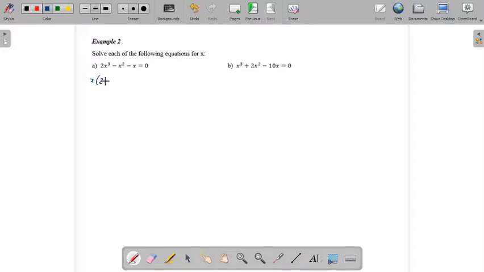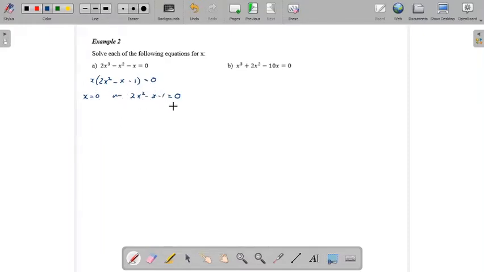That leaves us with 2x squared minus x minus 1 equals 0, which means that either x equals 0 or 2x squared minus x minus 1 equals 0. So this is one solution we have.